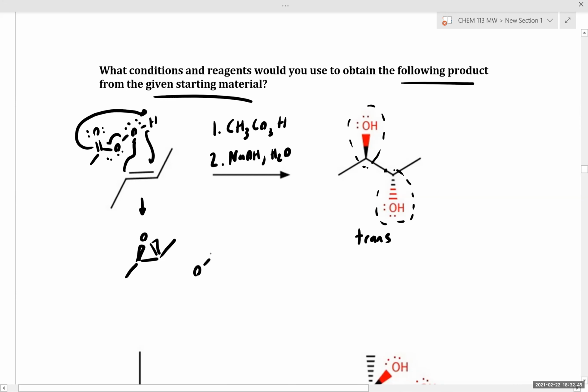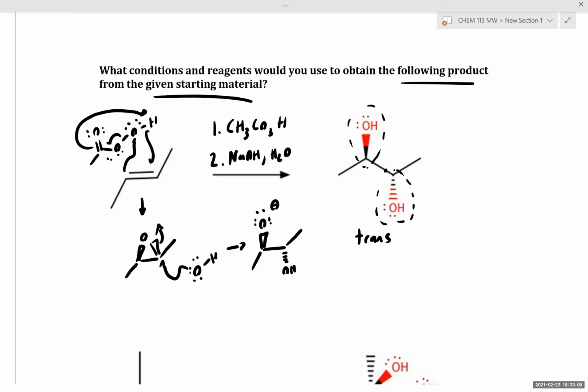And then from there, hydroxide will attack our epoxide and open up the epoxide, giving us the following trans diol. Yep, perfectly reasonable set of conditions. Does this first example make sense? Any questions?